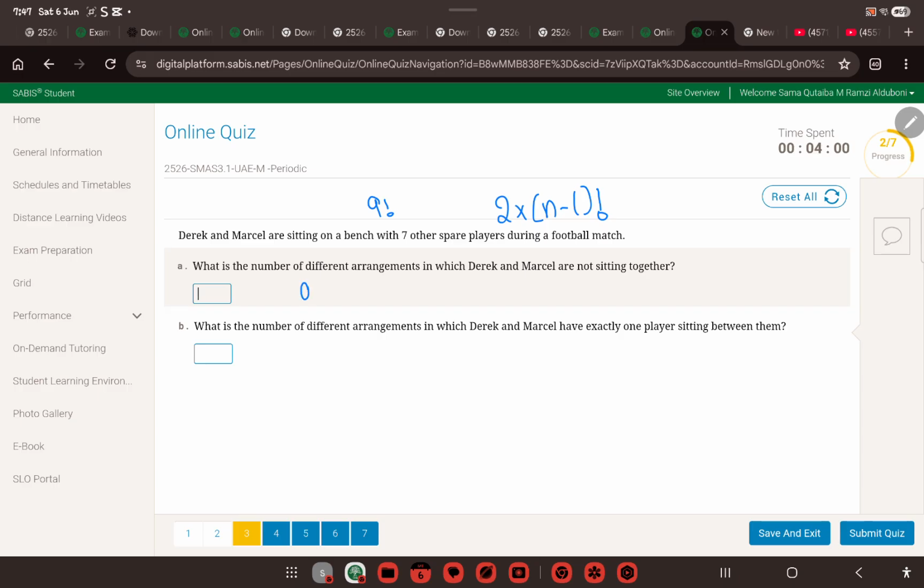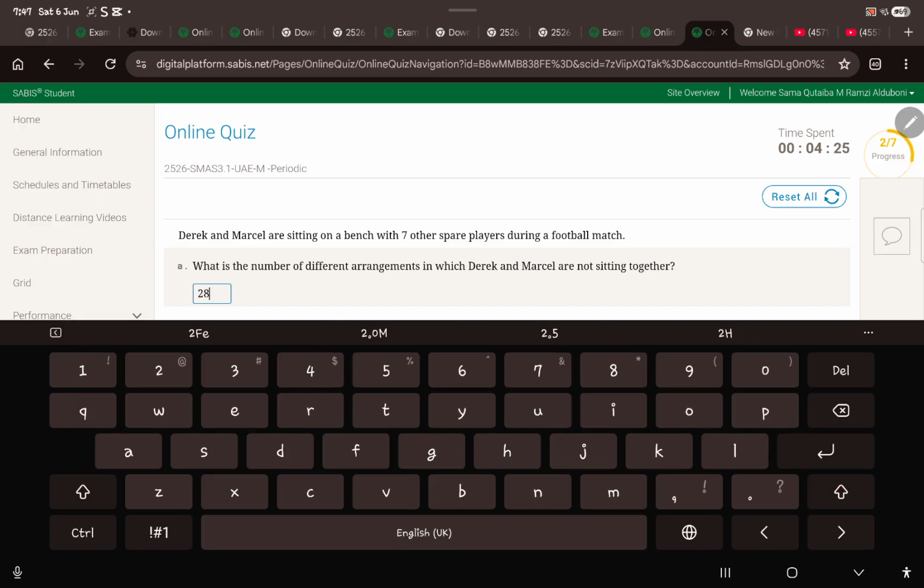So we do 9 factorial, which is the total, minus the complement, 2 times 8 factorial. You should get 282240.